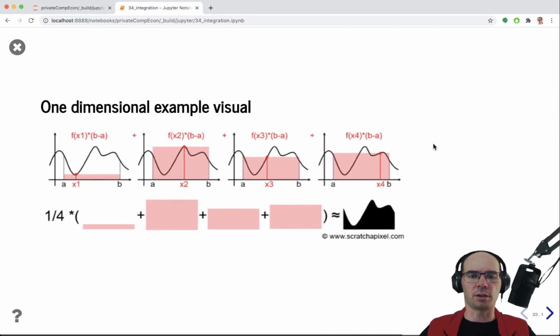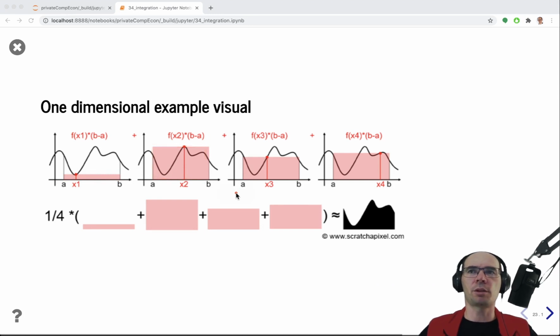And here's a nice graphical representation of this process. So, if we are given the function, which is a funny shape, and then we randomly take a sample of points that belong to the interval a and b, and we generate these realizations from the uniform distribution on a and b, and then we are looking at the areas under each of these computed function values.